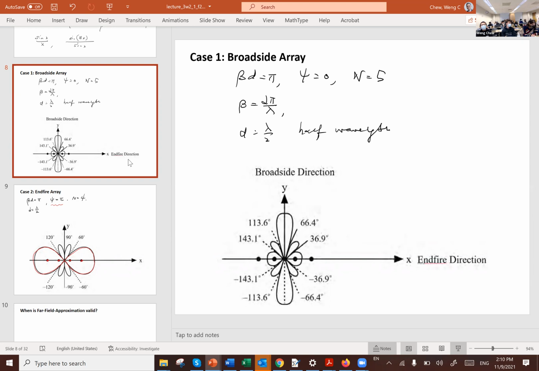This is 0, that means all these 5 elements are equal. And they will interfere with each other constructively and destructively. They interfere with each other constructively in the y direction and the next y direction. That is called the broadside. They interfere less constructively in the endfire direction.